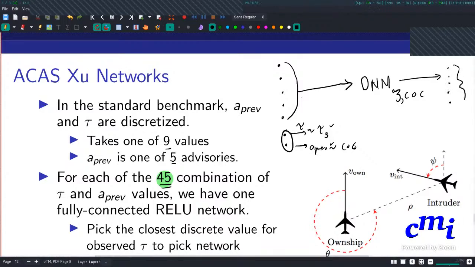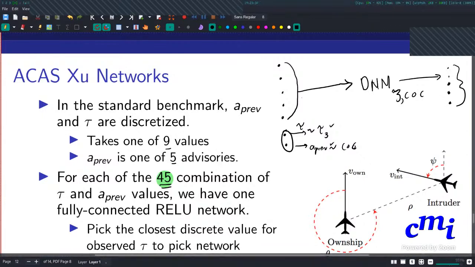Then this produces 5 outputs, they pick the smallest, right? So this is the way that they use DNNs here. Instead of having one huge DNN, they'll have 45 different ones, one each for the combination of tau's discrete values and aprev values.